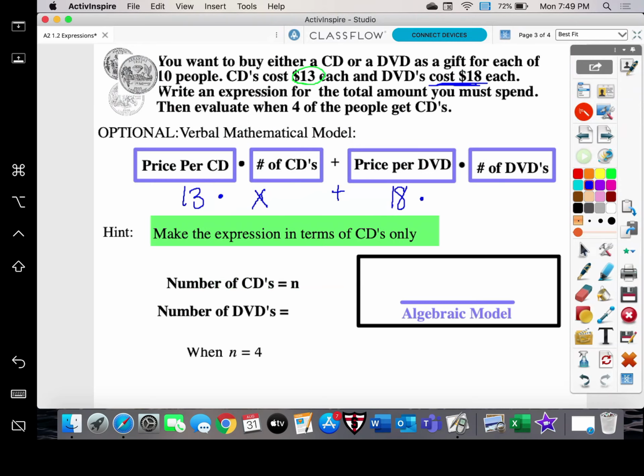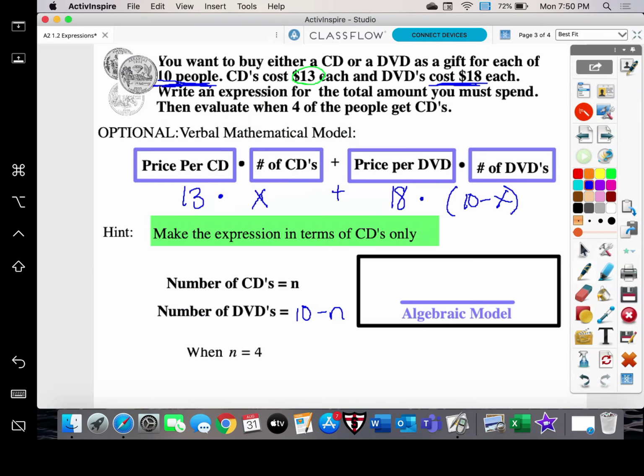So if the number of CDs is N or X, whatever, how many DVDs did we buy if, remember, we're buying for 10 people? Did you say 10 minus N? If you did, you are absolutely correct. So this would be 10 minus X, since I used X up there for some reason. Okay, so there's my mathematical expression.